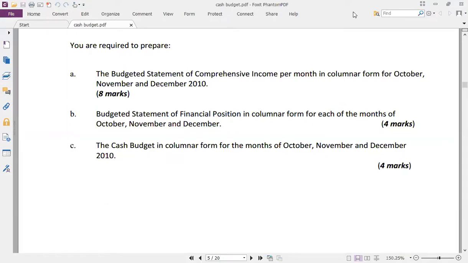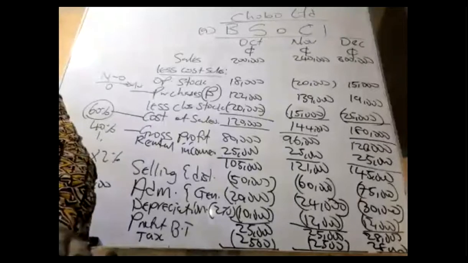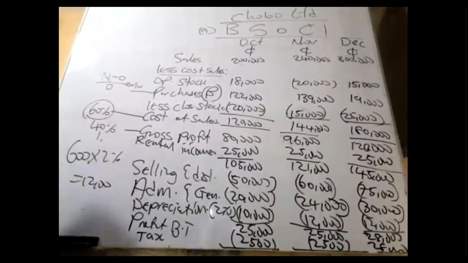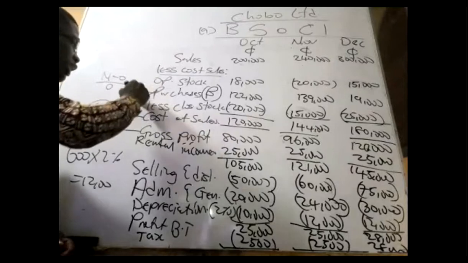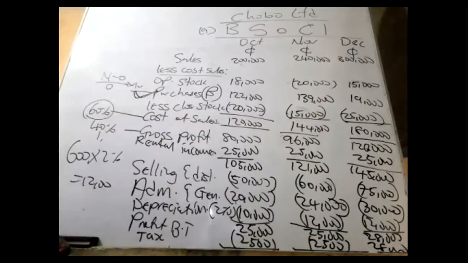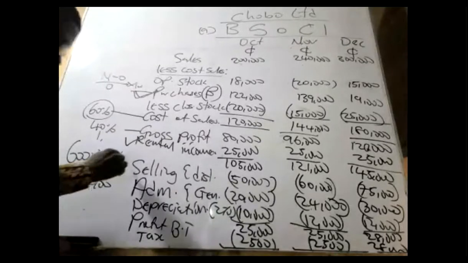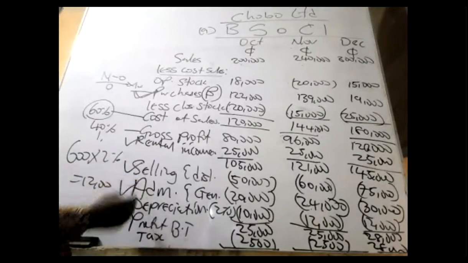Now I need certain figures while I'm preparing the cash budget, so let me take them. If I mention them, give them to me straightforwardly. First, the payments for purchases, so take note of the purchases. I'll call for the rent, I'll call for this, and I'll call for that, and I'll call for the tax too.